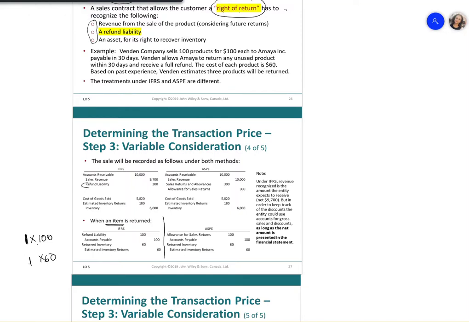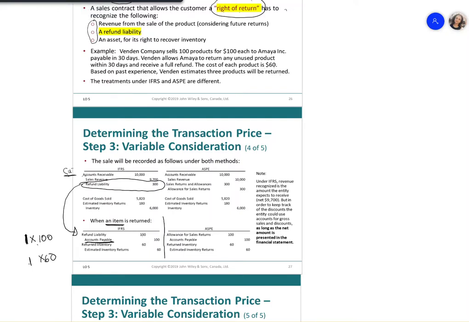We put aside a refund liability. At this point, we are going to adjust that refund liability by 1 unit. So debit the refund liability and credit accounts payable. Why do we put it in accounts payable? Because they haven't paid us; when we set it up, this was accounts receivable.